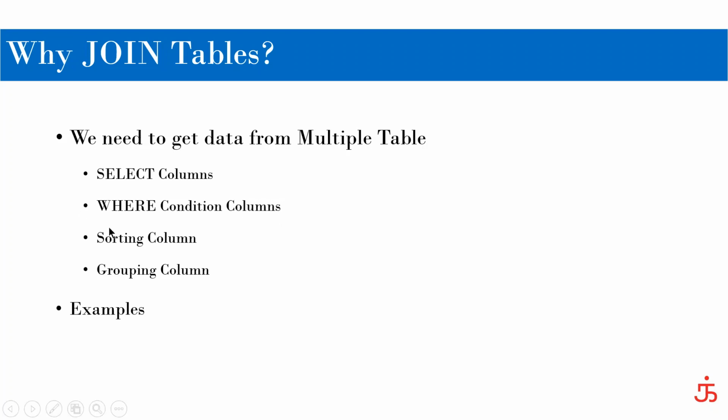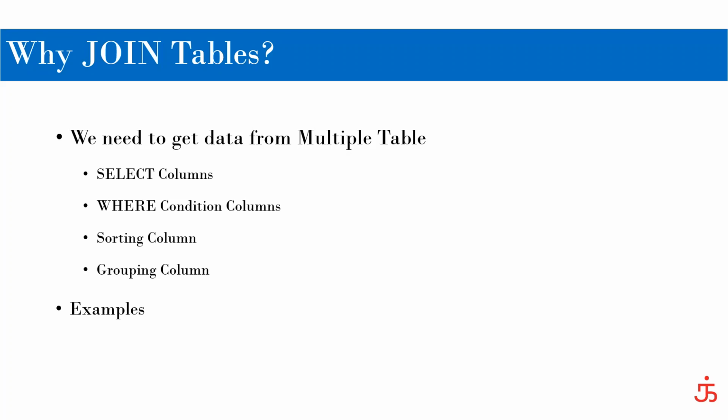Similarly, sorting columns. If I want to sort the sales based on date, the sales information is available in order item, whereas the order date is available in the order header table. Then only I can sort it by day wise sales. Grouping also: if I want to group by customer or group by restaurant, then I have to group on a different table. So there are many more scenarios where we have to join multiple tables to get the desired business output.